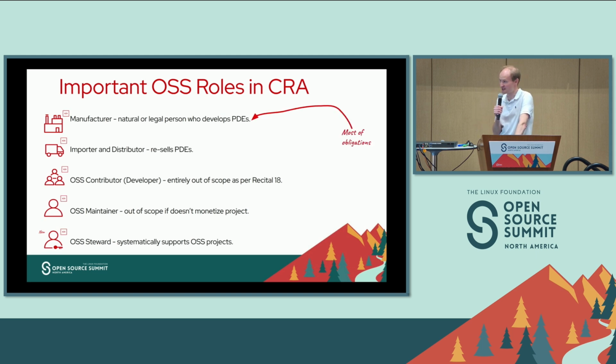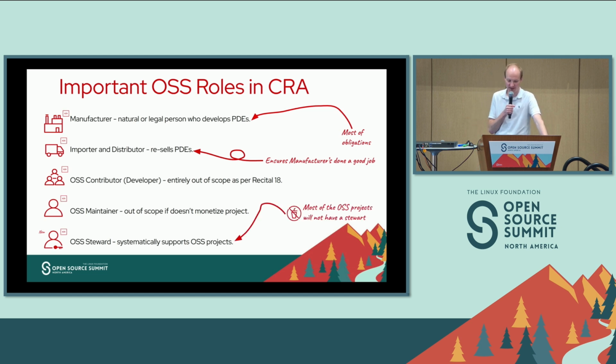Some good news: the obligations are not for all of us, right? Most obligations are for manufacturers, and they're designed to be for manufacturers. For importers and distributors, we still have some obligations, but they're mainly around making sure that manufacturers do a great job. They provide a declaration of conformity, CE mark, and so on, so that distributors can assess that everything is okay.